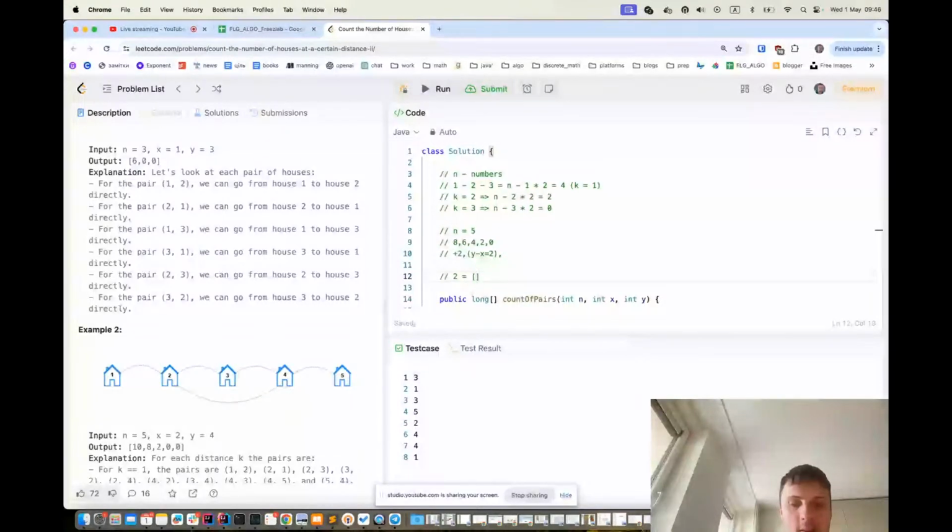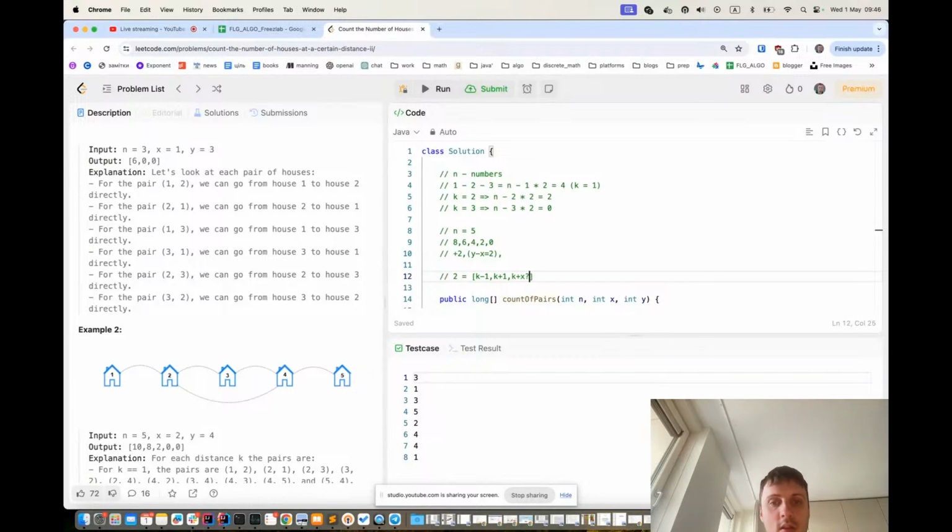I have key minus 1 connection, key plus 1 connection, and possibly I have key plus x connections, right?